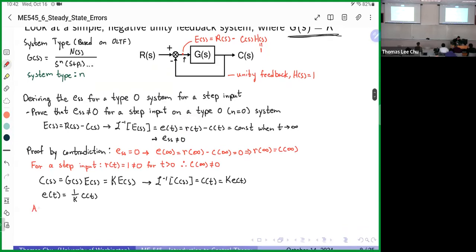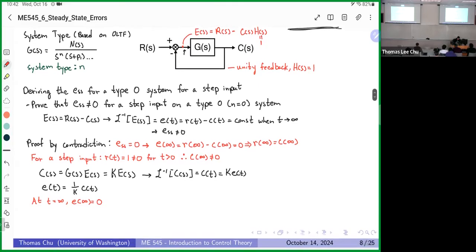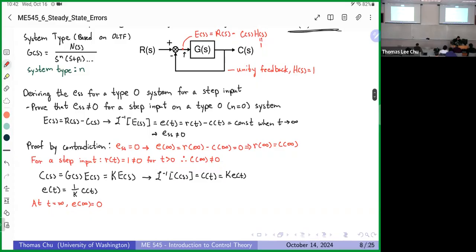At time equal to infinity, we're saying that error at infinity is equal to 0. That's our contradicting statement. Then error at infinity is equal to 1 over k c at infinity, which is equal to 1 over k r at infinity, because c and r are equal at steady state.